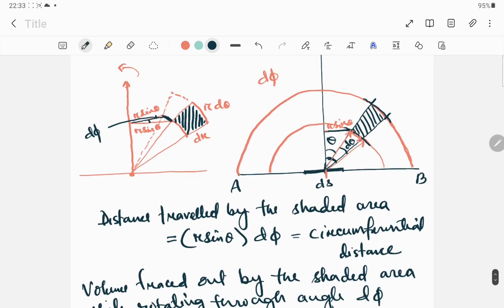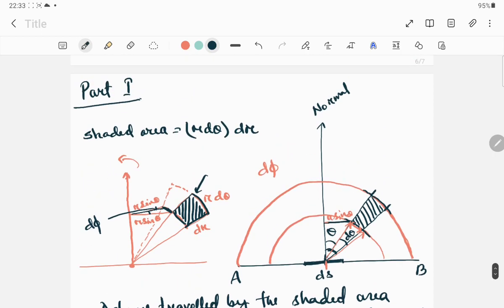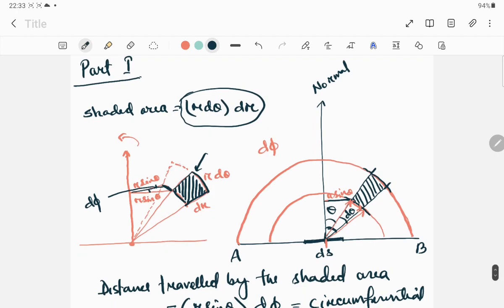Now for this particular shaded area, we already have the area. What was the area that we have already done? That is r d theta dr, and the circumferential distance it has traveled is r sine theta d phi.